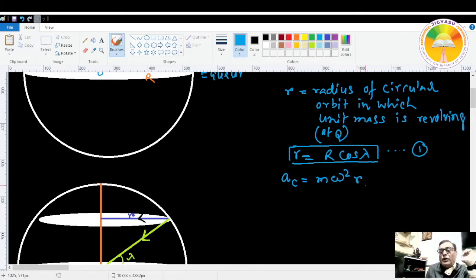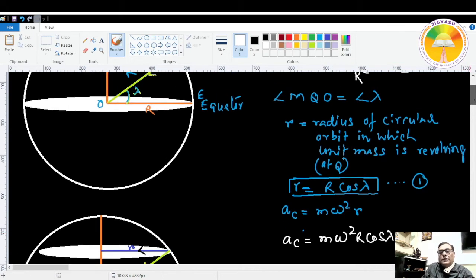As I told you, r is to be replaced by capital R. So from 1, if I replace this r by the expression given in 1, then our equation can be written as AC equals omega square capital R times cos lambda.